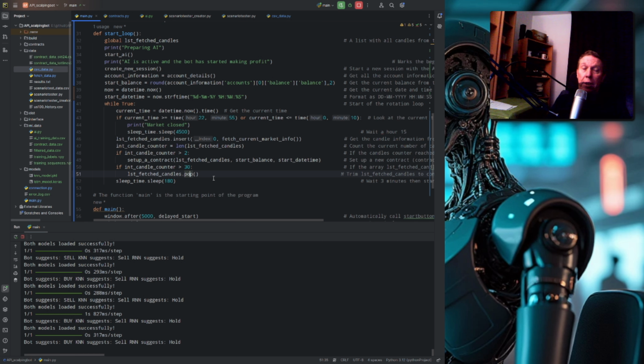So the second candle and the oldest candle never got refreshed, and that was not good for the functioning of the bot. So all I had to do yesterday is change fetch candles pop 0 into pop with nothing. That's all I had to do yesterday before I restarted the bot, because I had to restart the bot.